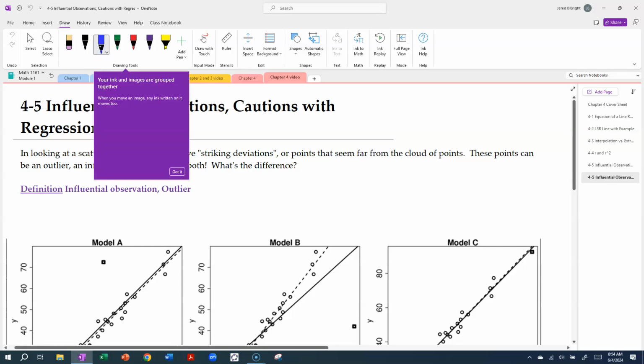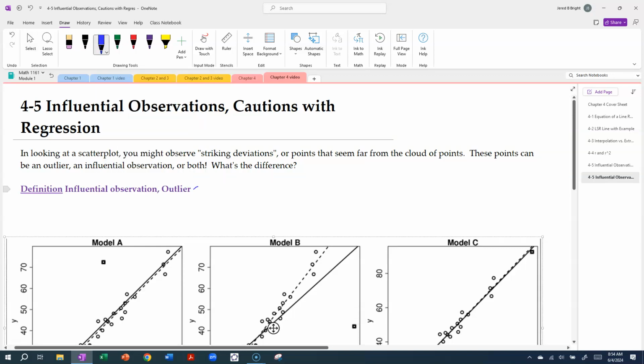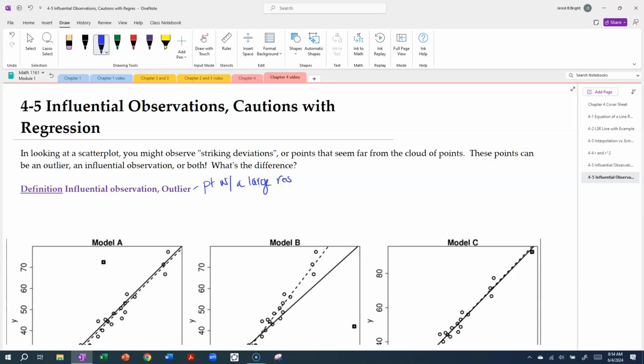So let's begin with defining what an outlier is. Simply put, an outlier is a point with a large residual. Now, when I use that language, that just means a vertical deviation from the LSR line.